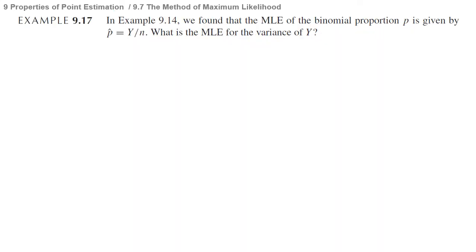Let's move on to example 9.17. In example 9.14, we found that the MLE of the binomial proportion p is given by this, where y is the sum of yi's, so p hat is actually y bar. What is the MLE for the variance of y? If y follows a binomial distribution with n and p, then the variance would be npq, which is np(1 minus p).